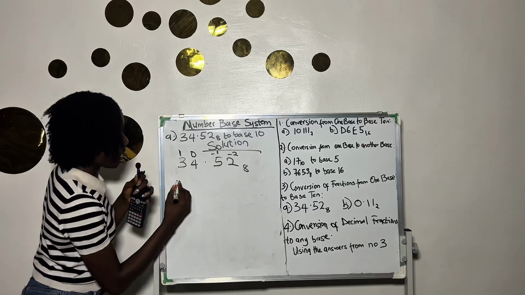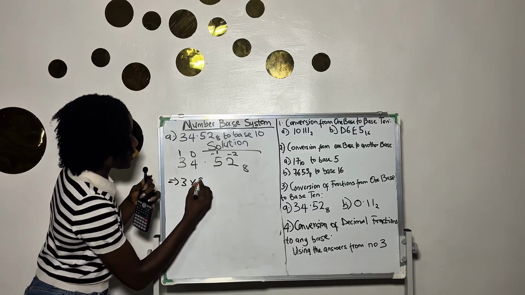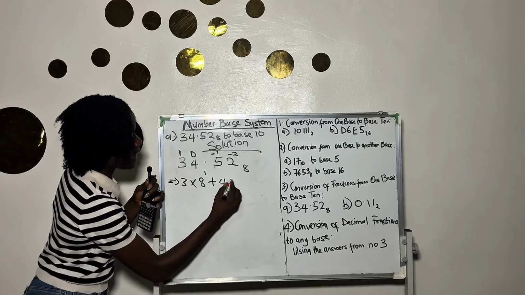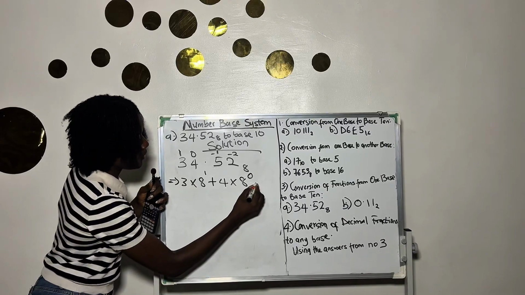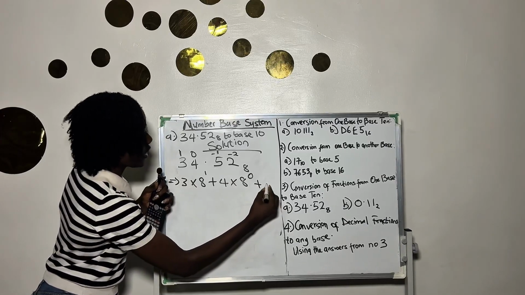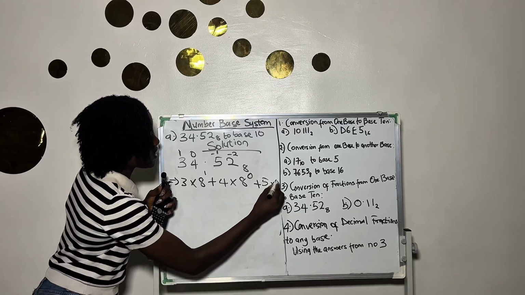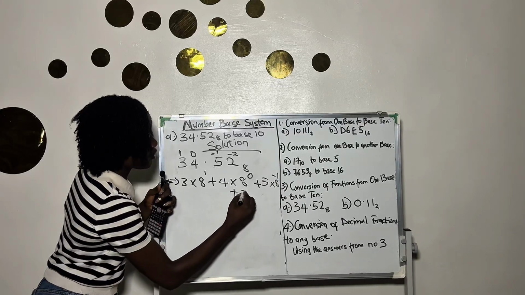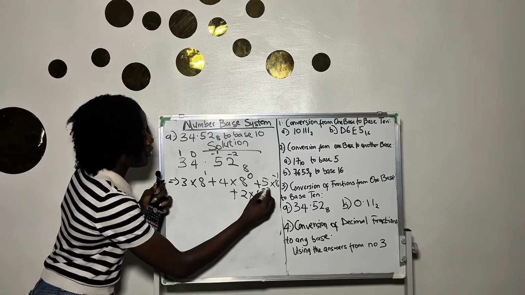0, 1. So we have 3 times 8 raised to power 1 plus 4 times 8 raised to power 0, which is the point, plus 5 times 8 raised to power minus 1 plus 2 times 8 raised to power minus 2.